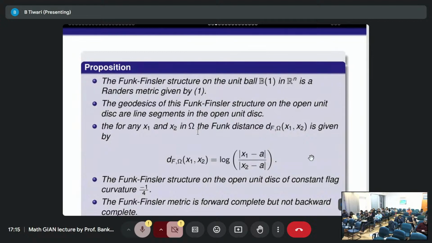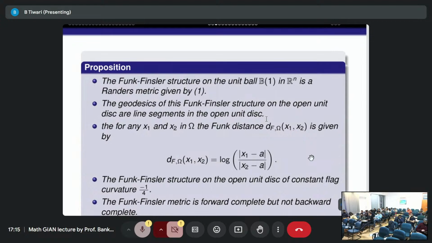And by some simple computation, you can observe that this Funk-Finsler structure is actually a Randers metric given by this previous equation. It is called a Randers metric because it is a deformation of a Riemannian metric by some one form. And the geodesics of this Funk-Finsler structure on the unit disk are line segments.